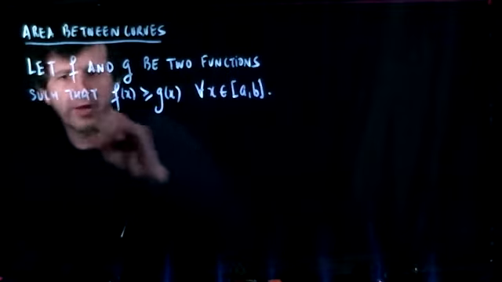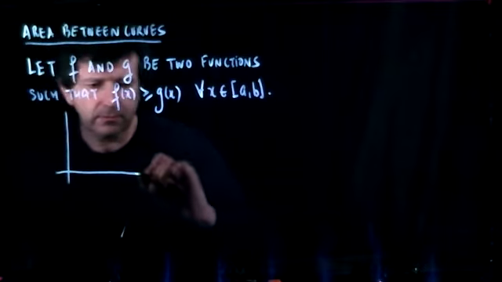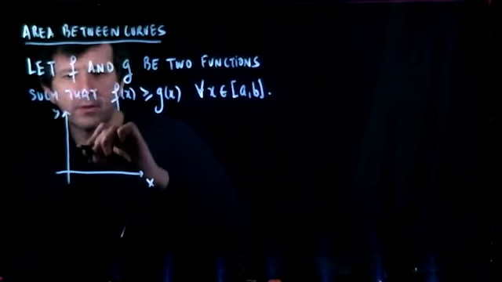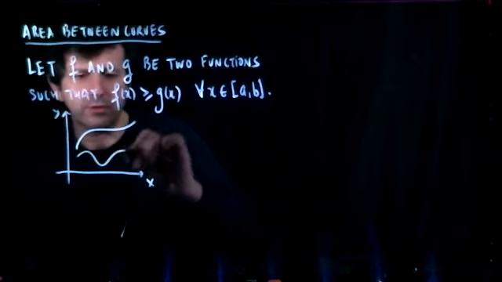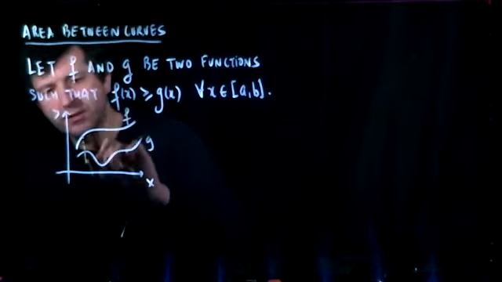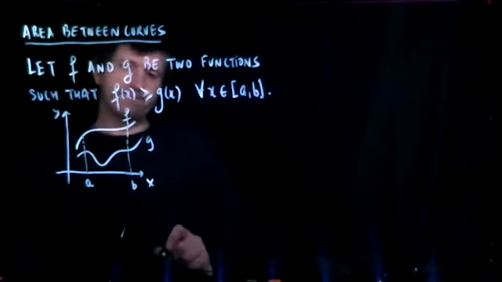If I am to draw a picture of this, that would be f, and let's say that would be g. So f, g, and this here is interval A, B.